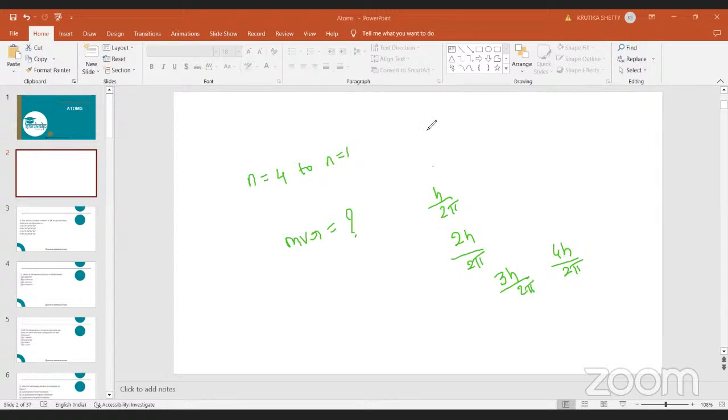So for the transition from n is equal to 4 to n is equal to 1, the change in angular momentum is given by the formula n1 minus n2 into h upon 2 pi. So n1 is 4, n2 is 1, into h upon 2 pi.